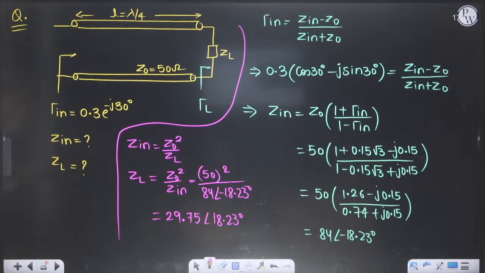So this is a very beautiful question. The answer will be a very easy calculation, but right now I have given the complex calculation. In the GATE exam it will be a very easy calculation.